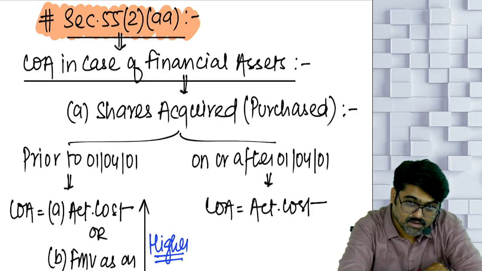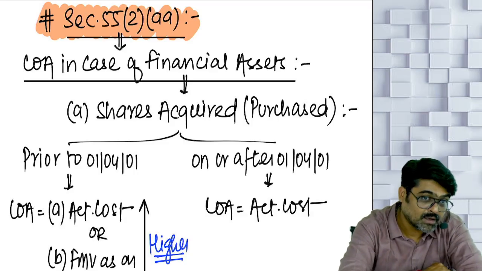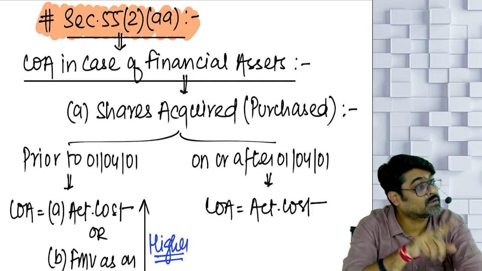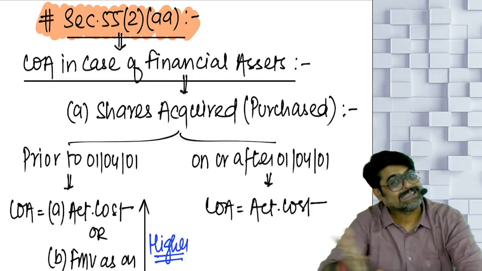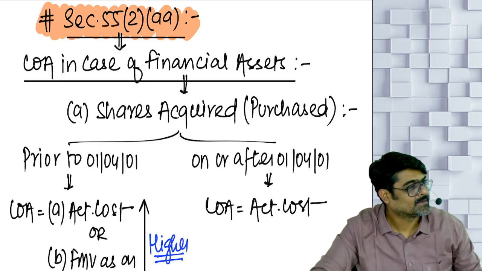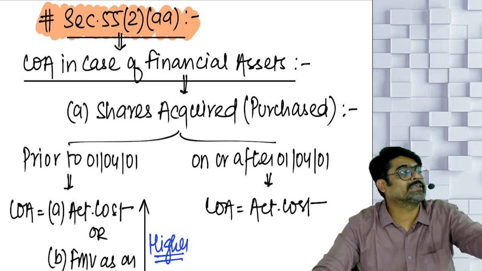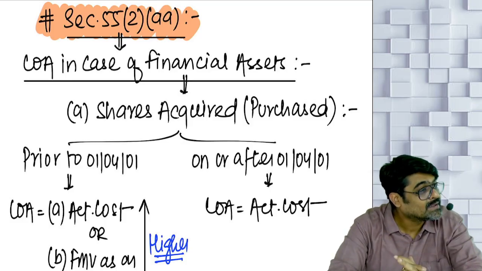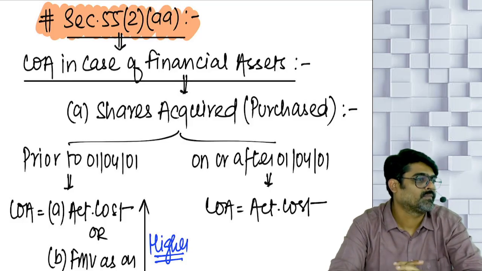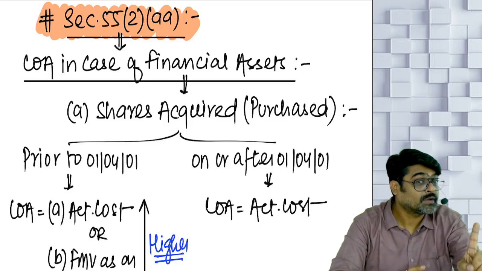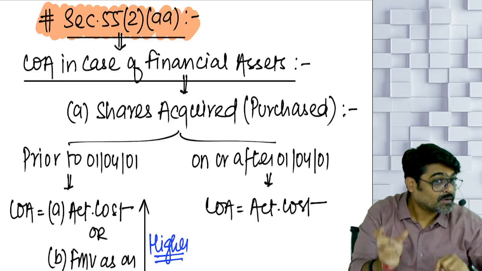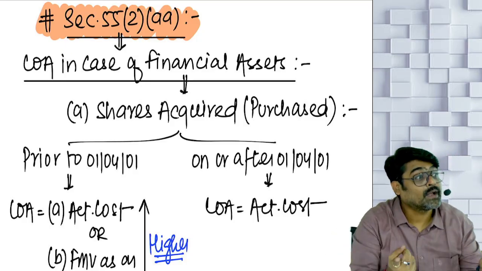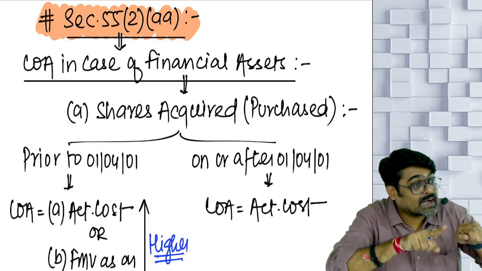Will you calculate capital gains for Gopal, or for Tanmay? 10 slaps I will give. Who is transferring the asset? Mehta. So will you calculate the capital gain for Mehta and also for Gopal? They have not told you to calculate the capital gain in the hands of one person, and one person is not transferring. Two persons in the question are transferring.